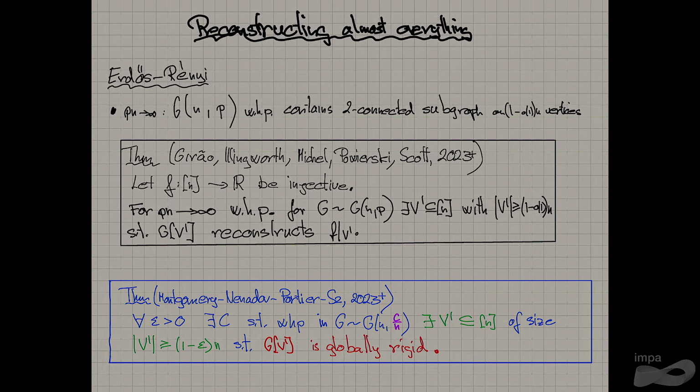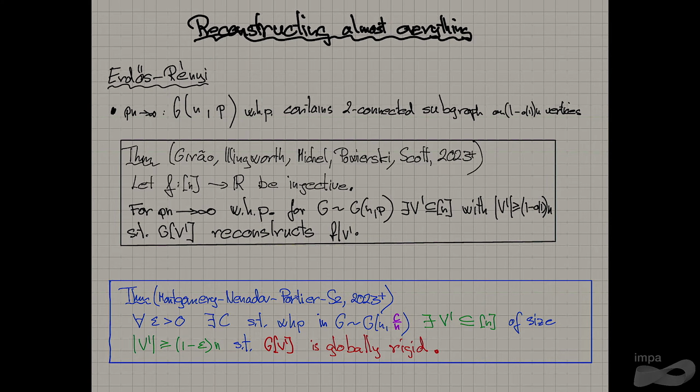And here, the Oxford group was proving in their setup where they first fix the function, for similar probability, so this is much sparser than the log n over n. This is almost 1 over n. With high probability, there will be a subset inside the random graph such that on this almost every subset, this fixed function f can be reconstructed.